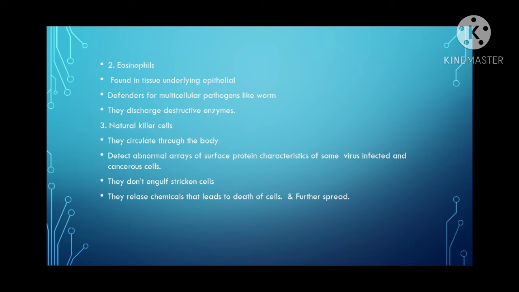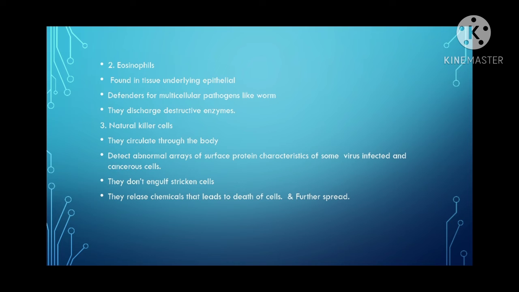Third is the natural killer cell. Natural killer cells are the most important cells in innate immunity. Okay, they circulate throughout the body because they are the main component of innate immunity, and their function is to investigate whether any pathogen has entered the body, and then destroy it by themselves.